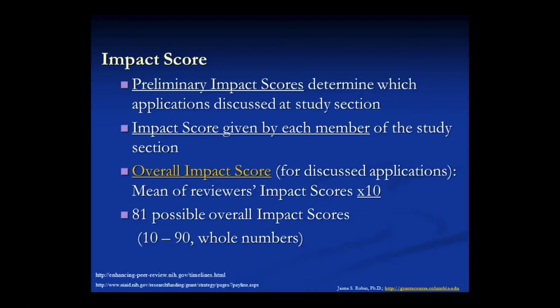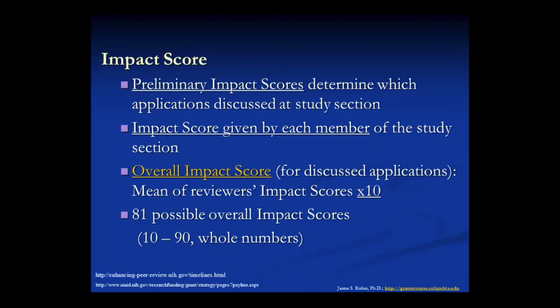And over there, the bottom 2 bullets is the overall impact score, which is the mean of all of the impact scores received by the whole review committee. And I just want to emphasize that they take this mean and then they multiply by 10. So let's say you look at your score and it's a 22, let's say.